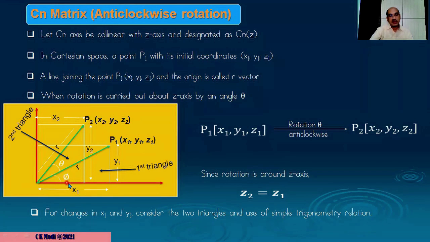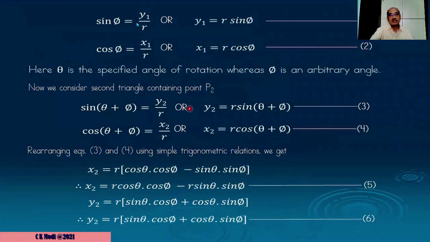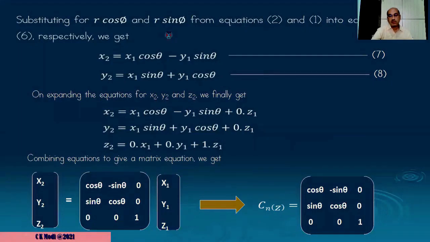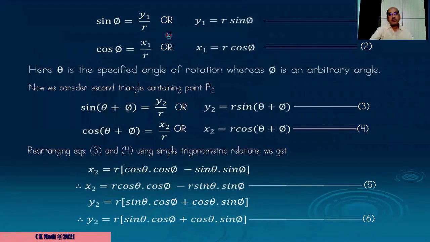Phi is the angle between the x-axis and the vector, an arbitrary angle, and theta is the true angle of rotation. Considering the first triangle, sine phi is equal to y1 upon r. Therefore y1 is equal to r sine phi. This is equation number 1.